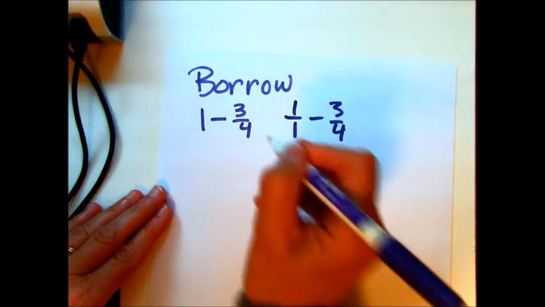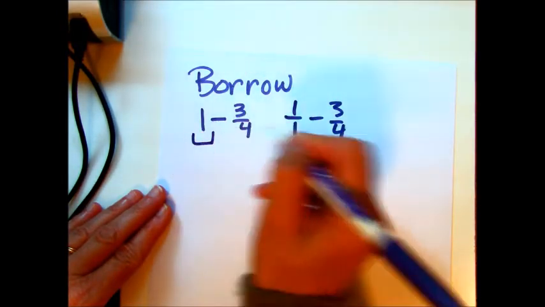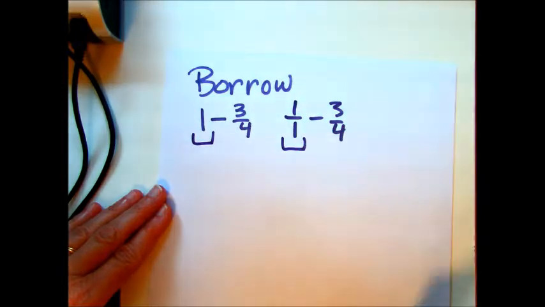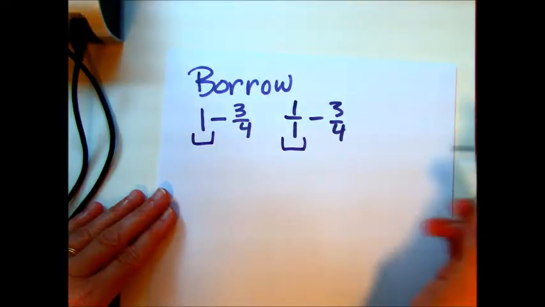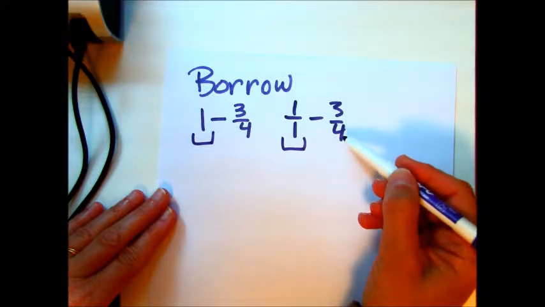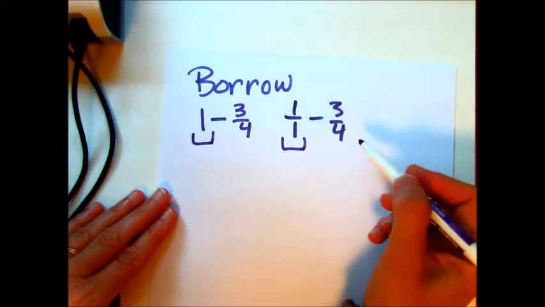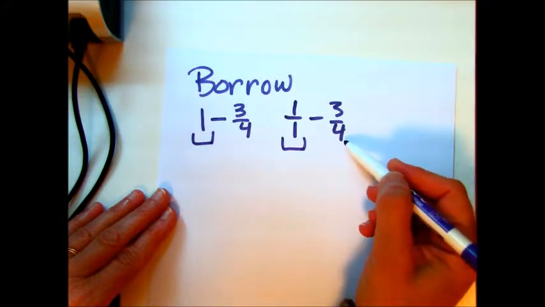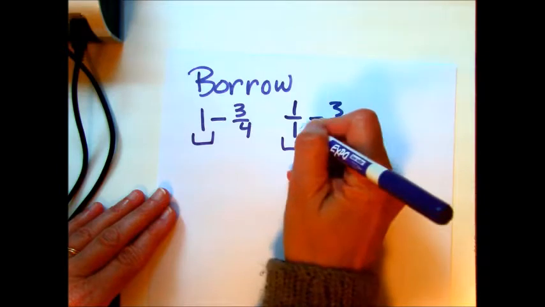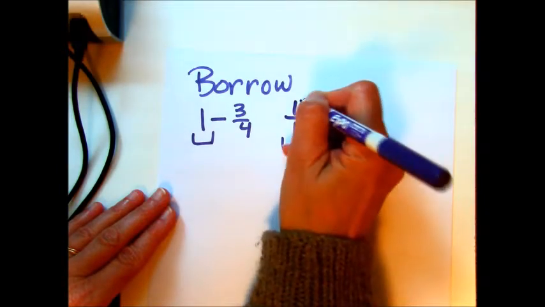Okay, so this became this. And then we would change this 1 over 1 into 4/4 because we would want to have the same denominator. We would multiply the 1 by 4 and we would do the same up here.